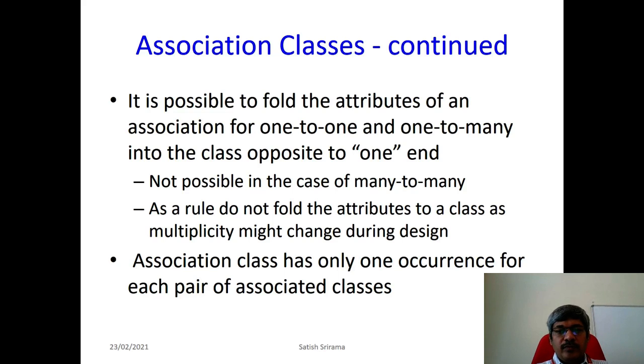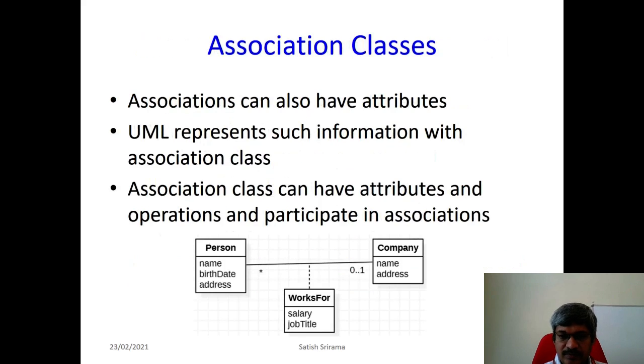Actually, it is possible to fold the attributes of an association for one to one and one to many into the class opposite to the one end. For example, in the same case, you can fold salary and job title as attributes into this person class, and then works for will be the simplest association possible.